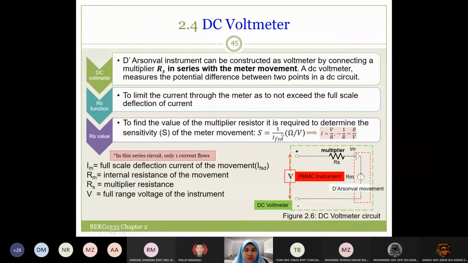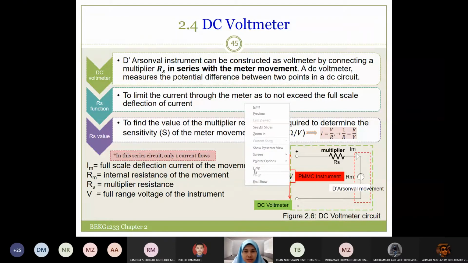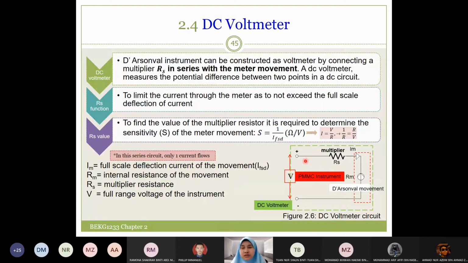S is equal to 1 over IFSD. In DC voltmeter it is a series connection, so only one current flows through this path. You do not need to mind which current.